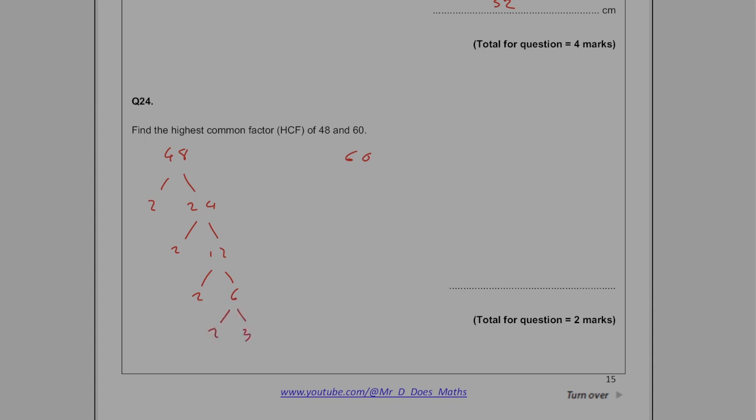If I do the same for 60, that's 2 times 30, which is 2 times 15, which is 3 times 5. So the highest common factor is found by the factors they have in common. They both have a 2 in common, another 2 in common, and a 3 in common. So the highest common factor is 2 times 2 times 3, which is 6 times 2, which is 12.